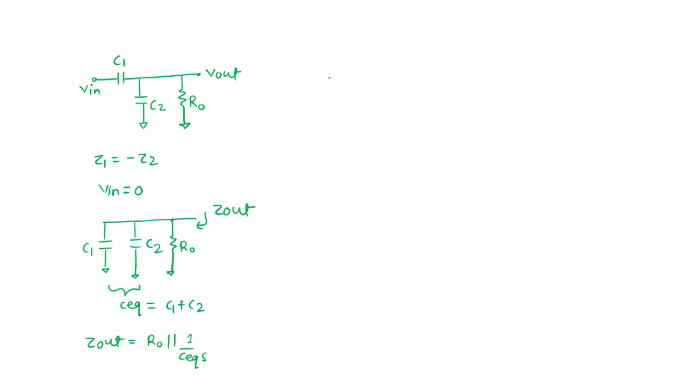So my Z out is nothing but R out parallel 1 upon C equivalent S. Overall I can say this Z out to be infinite means Z1, which I call R naught, equal to minus Z2, which is nothing but C equivalent S. So S comes out as 1 upon R naught C equivalent, which is nothing but minus 1 upon R naught times C1 plus C2.